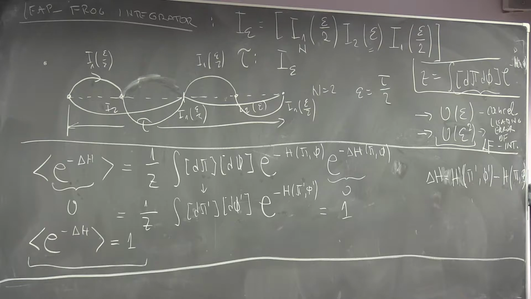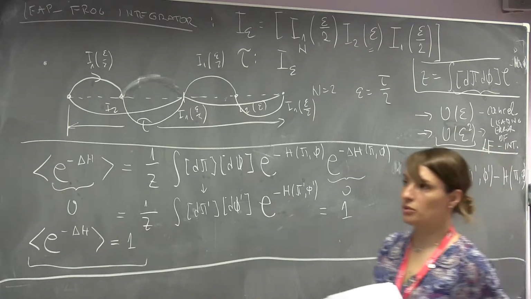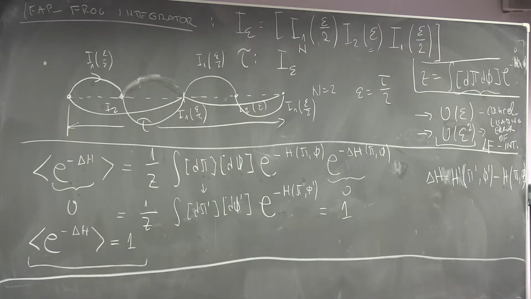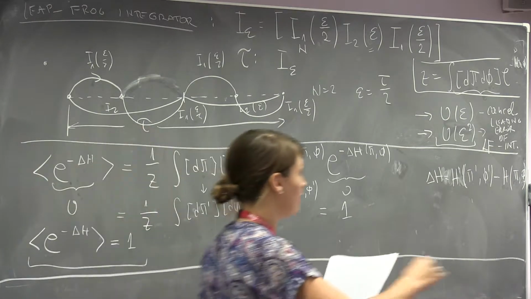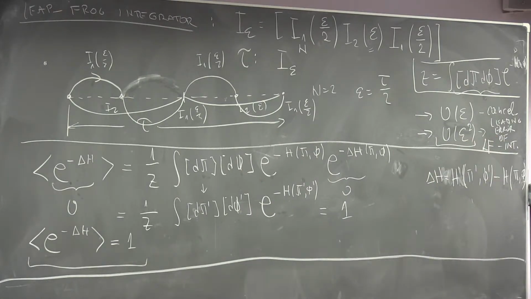And this also answers another question which we had yesterday, possibly. So what happens if delta H is really large?